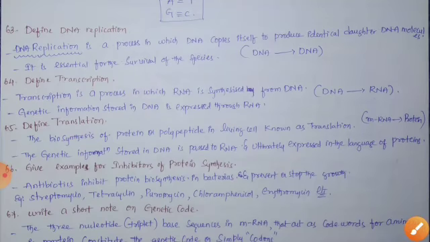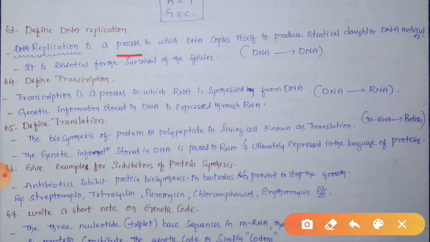Define DNA replication. DNA replication is the process in which DNA copies itself to produce identical daughter DNA molecules. It is essential for the survival of the species. The production of DNA from DNA is known as DNA replication.